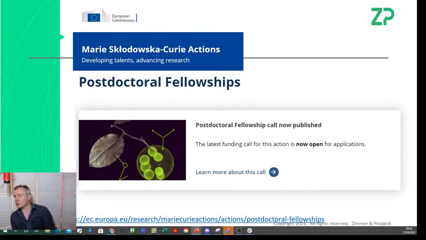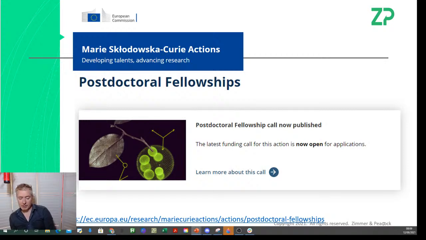Now I've also got a few guys at the moment, or a guy at the moment, applying for a Marie Curie postdoc position with us. Marie Curies are really well funded, and essentially if you apply for a Marie Curie, it's your money, and people think that they have to do them at universities, but actually you can also do them at companies as well.